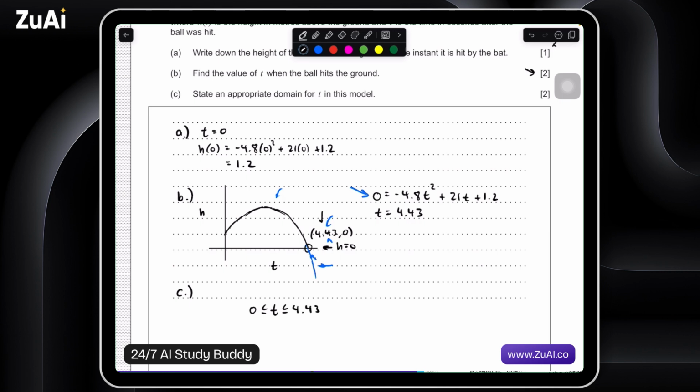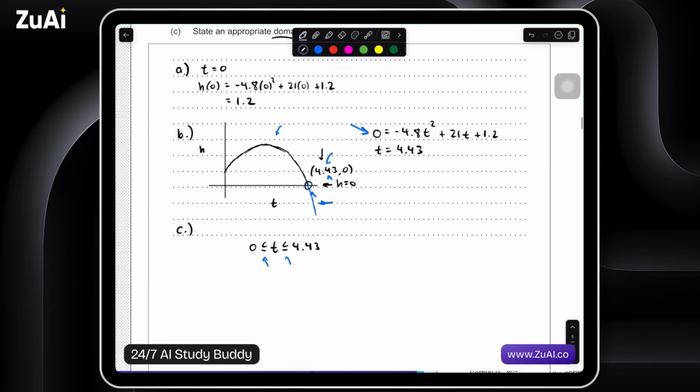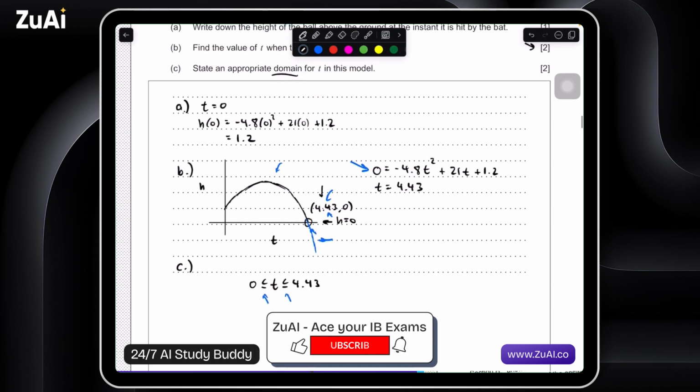And remember, for a domain for t, they're expecting this kind of inequality. So 0 is less than or equal to t, which is less than or equal to 4.43. Just be mindful about the inequalities. They're expecting a range, a set of values, essentially.